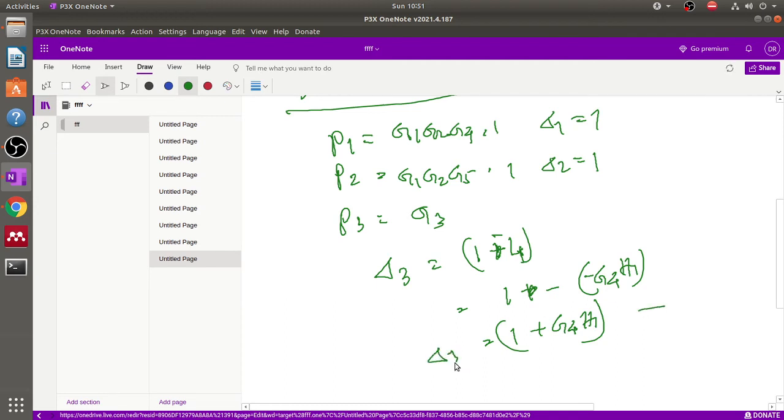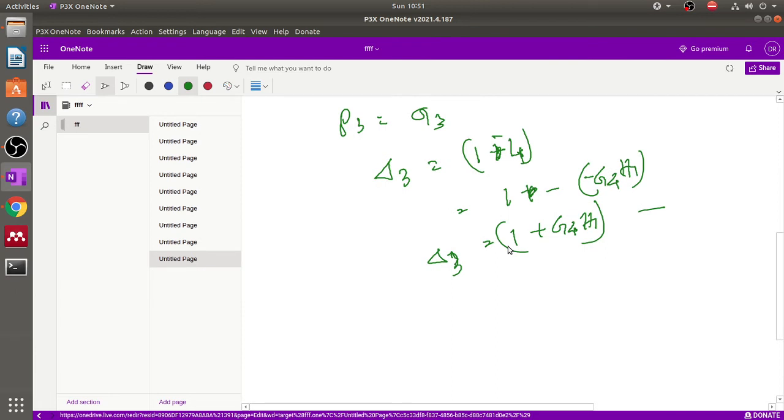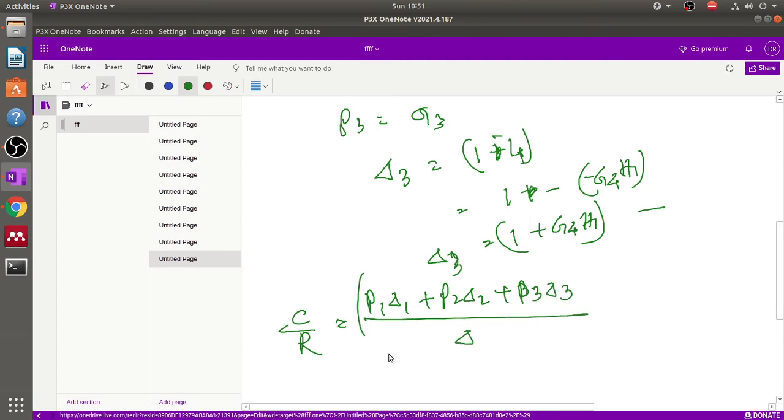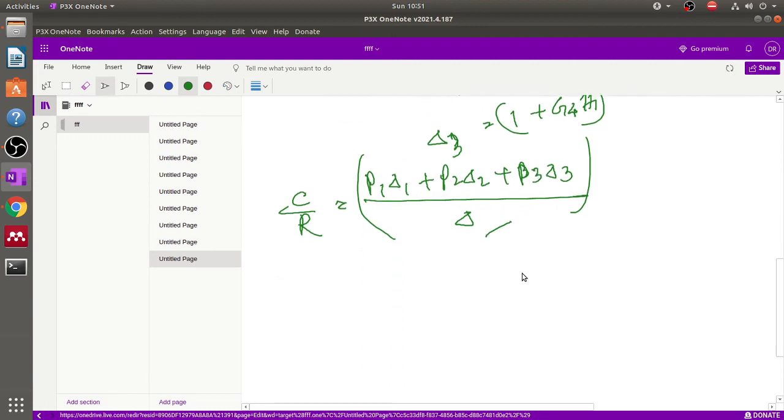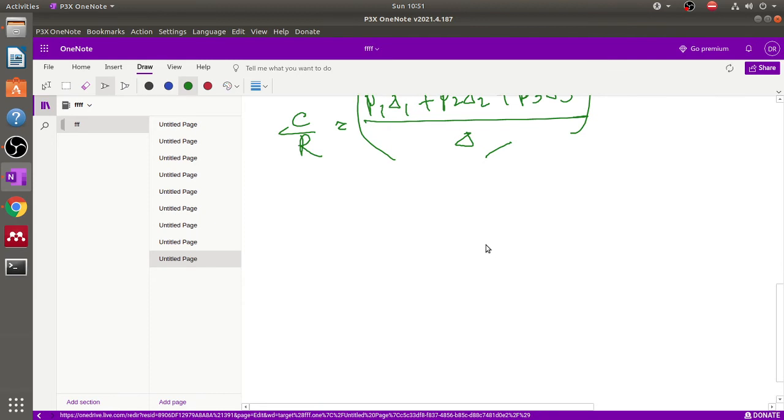So that's how delta 3 is not equal to 1 here. So now we see that C by R equals P1 delta 1 plus P2 delta 2 plus P3 delta 3 divided by total delta. So now putting this value P1 delta 1, P2 delta 2, P3 delta 3 and delta, we get the whole transfer function for this particular signal flow graph analysis.